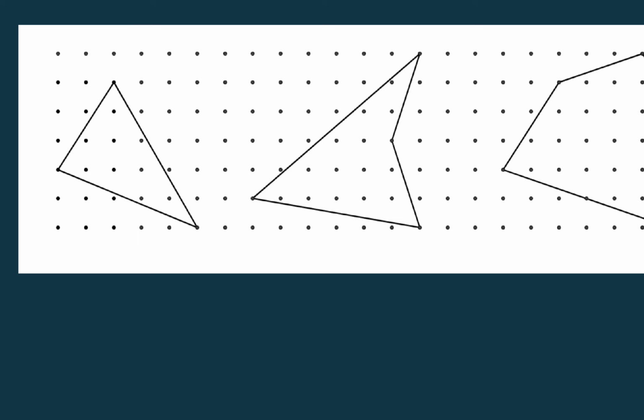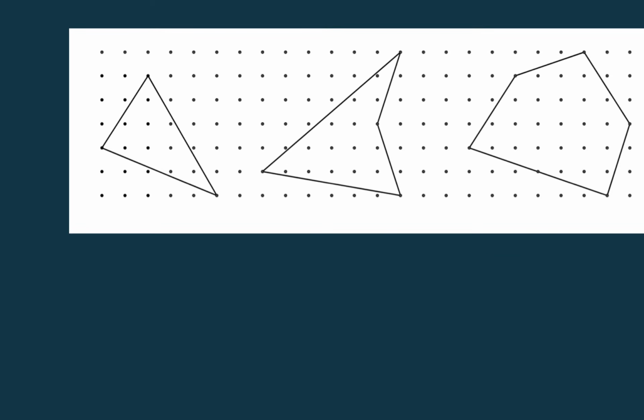Well, so this is the example. Let's find the area of the first figure. The figure has 3 points, the A, the B, and the C. And I'm going to perform the line integral in this direction.